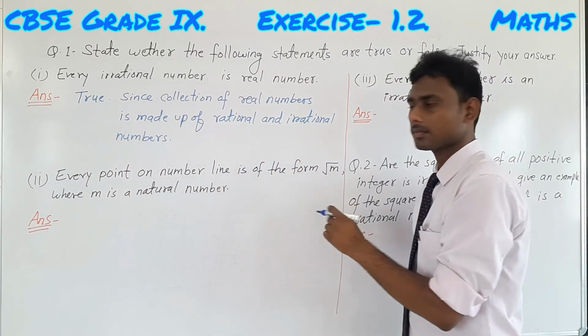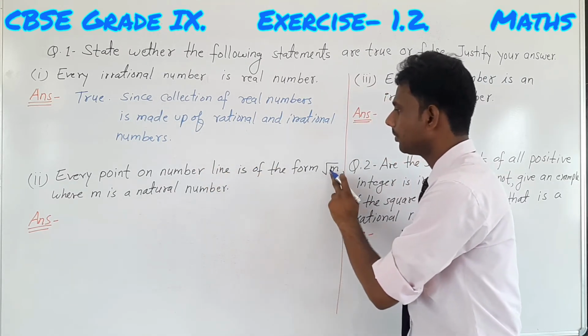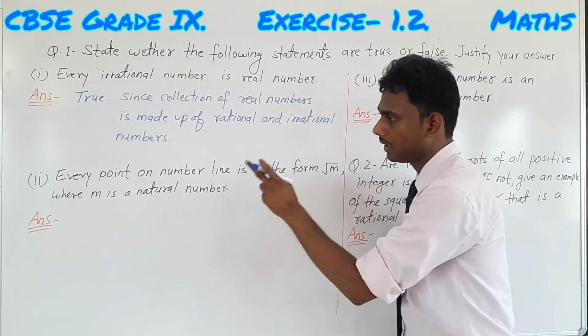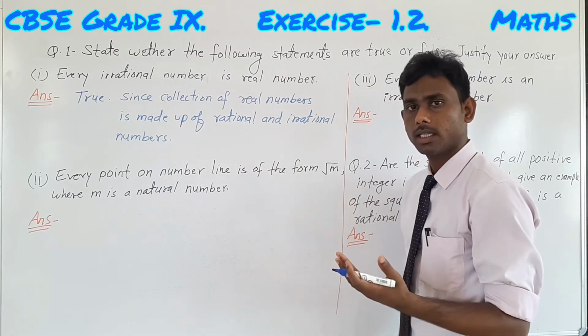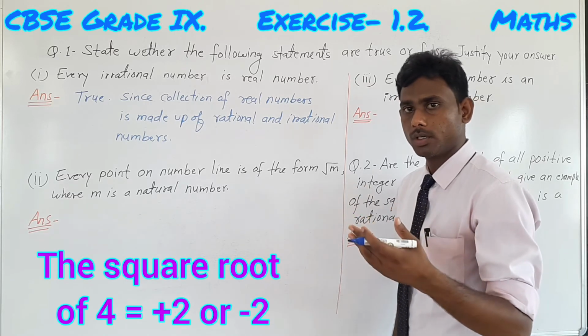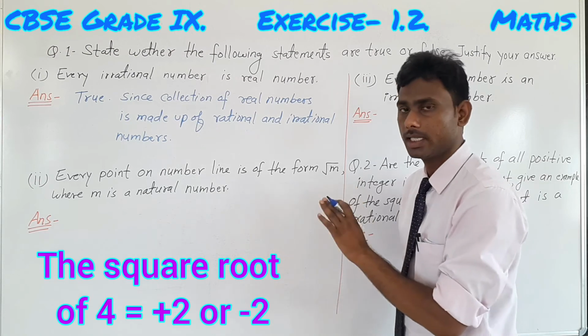Second part, every point on the number line is of the form root m, where m is a natural number. We know that the square root of 4 is equal to plus minus 2, so it is false.